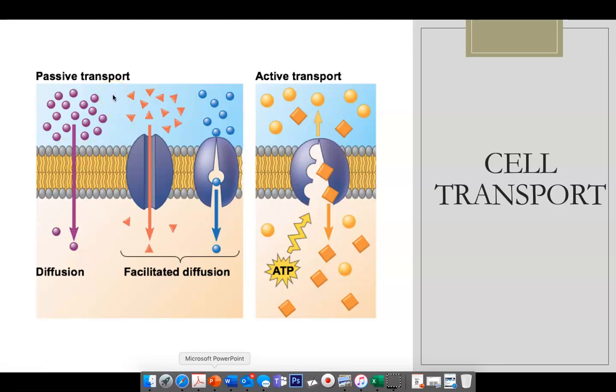To passively go from high to low, a cell will use DFO, where D is diffusion, which represents simple diffusion. The F is for facilitated diffusion, where a protein must be used as a method of getting the substances across the membrane. And O represents osmosis, which is the movement of water. It is only the movement of water.